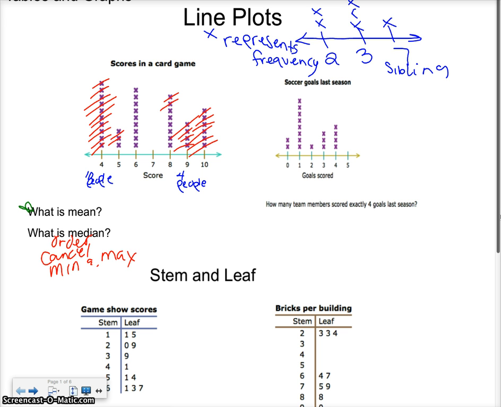Small, big, small, big. Now 6 is my smallest, so get rid of the 6. My biggest is 8. 6 and 8, 6 and 8, 6 and 8. Then I only have 6's left, which clearly is going to be a 6.